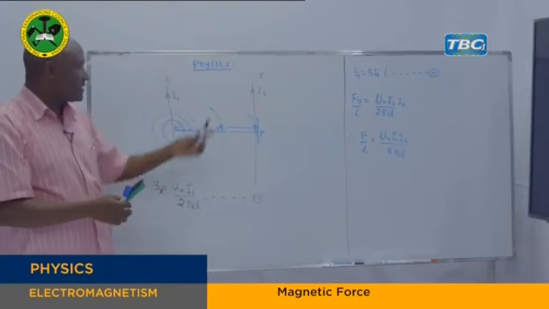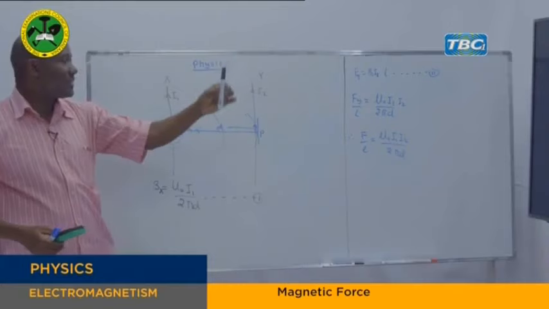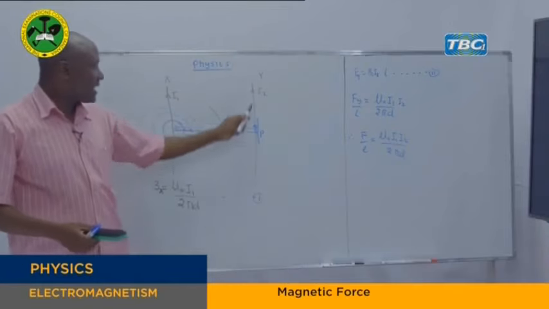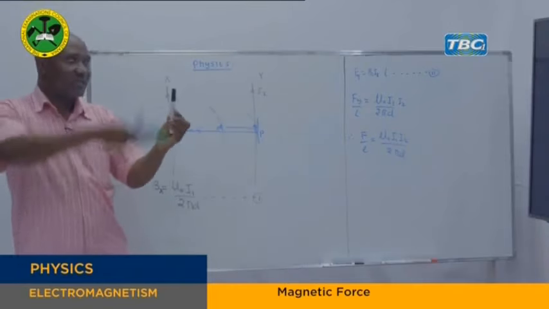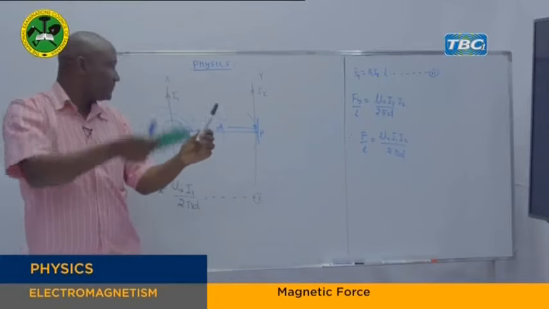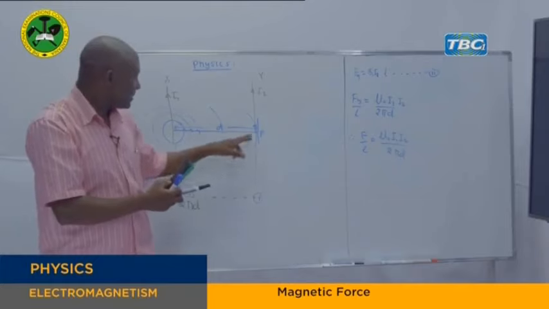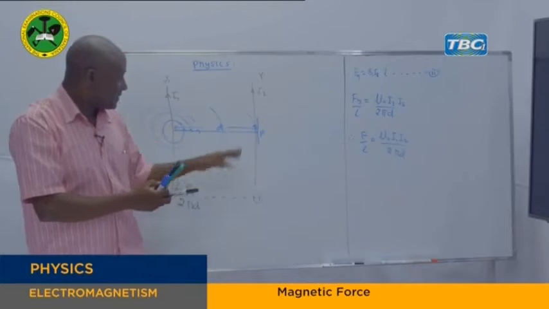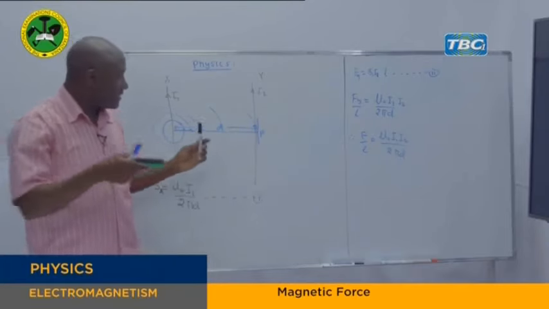So remember, this is the straight wire, so Y will experience the force. Let's see how this force will be acting. This is the force on the wire. The current is moving upward, and the magnetic flux density is acting into the plane.